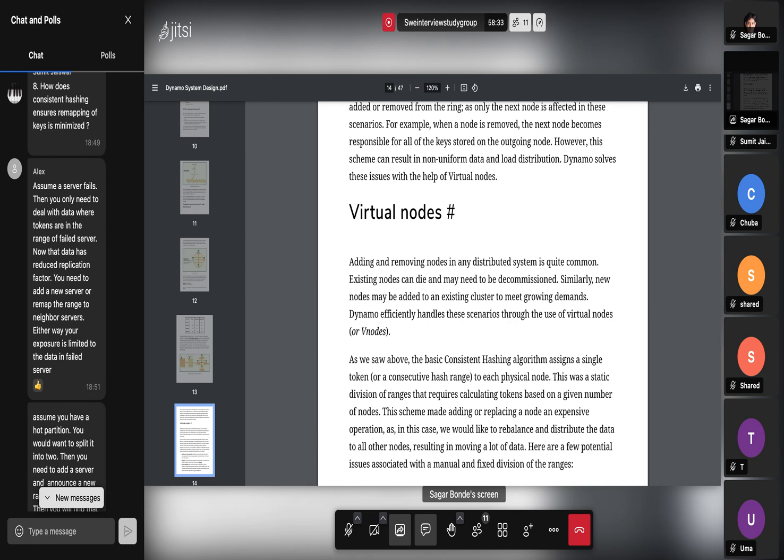So this scheme made adding or replacing a node an expensive operation, as in this case we would like to rebalance and distribute the data to all the other nodes, resulting in moving a lot of data. Here are a few potential issues associated with manual and fixed division of the ranges.